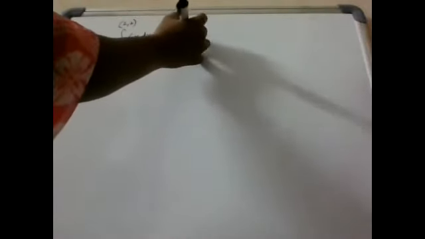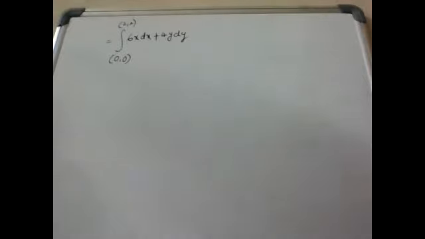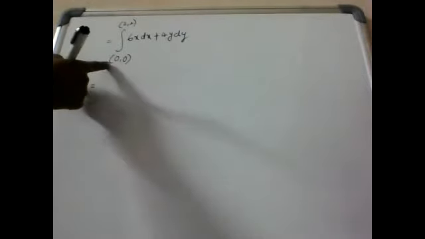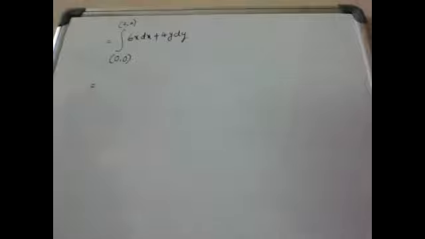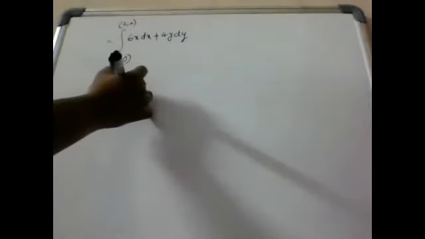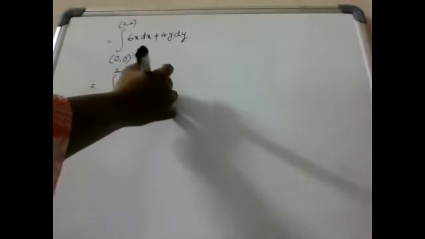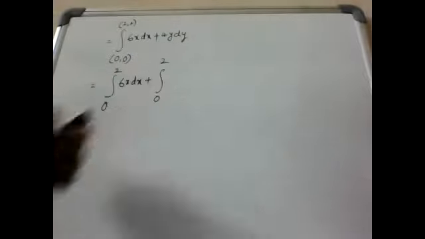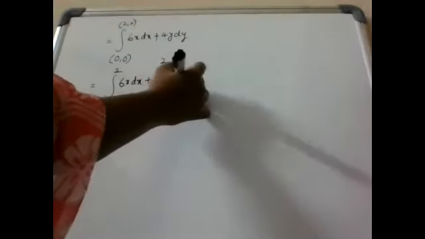Here x limits are from 0 to 2 and y limits are from 0 to 2. We can write integration 0 to 2 of 6x dx plus integration 0 to 2 of 4y dy.